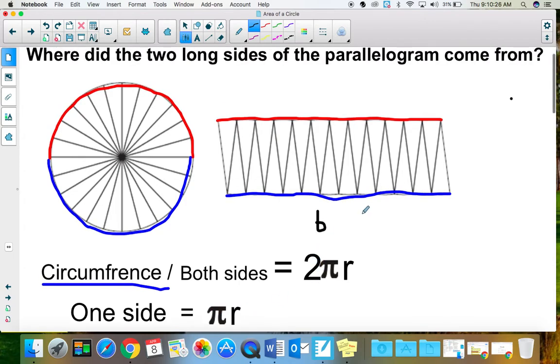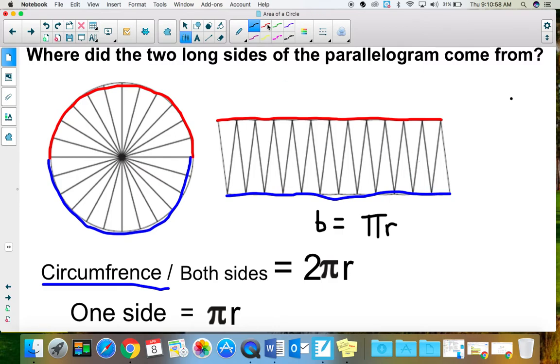So our base is going to be half of our circumference, pi times r. That's how we find the length of this, with pi times r. We would have to know what our radius is, and then we just multiply that by pi, and that's going to give us our base.